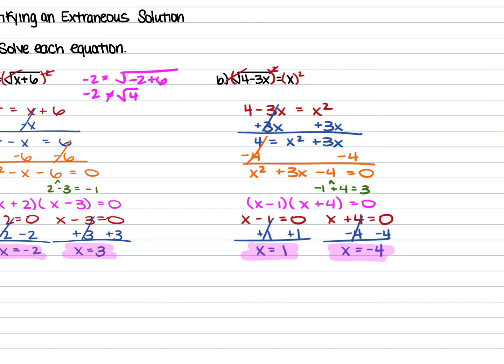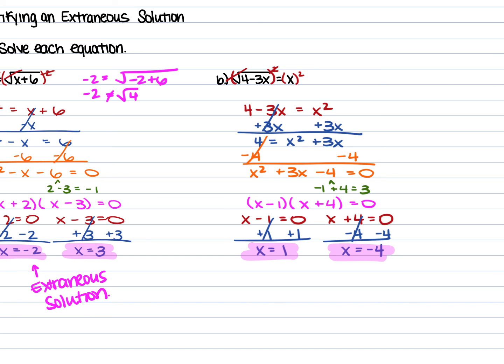So when this happens, you have something called an extraneous solution, which just means, yes, it's a solution, but it does not work. So this negative 2 in this case, you would identify as an extraneous solution.